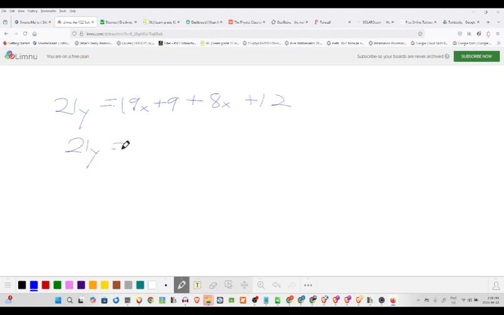So 21y is 27x plus 21. Y is 27 over 21 x plus 21.